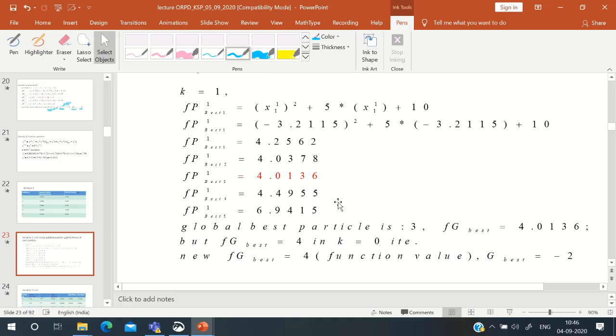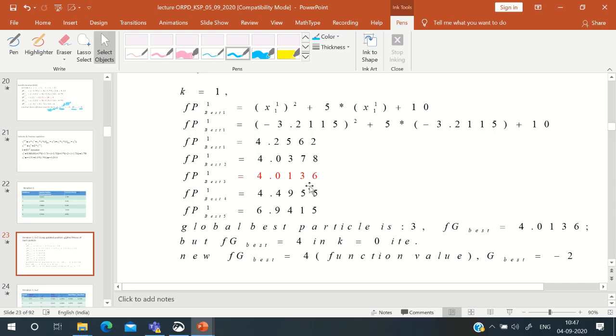Now, in this iteration, which function value is the minimum out of these 5 values? This one. 4.0136 is the minimum value of the function among all particles, so this is the global best particle in this iteration.